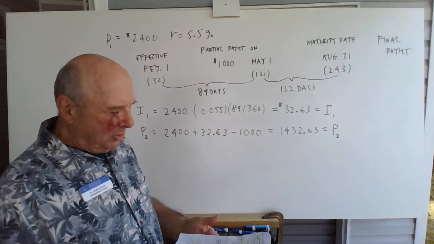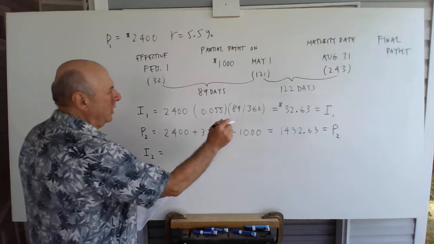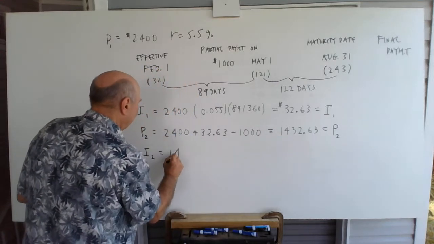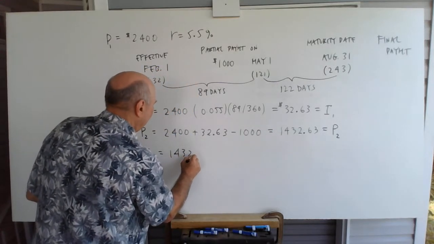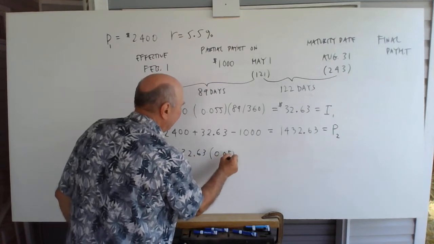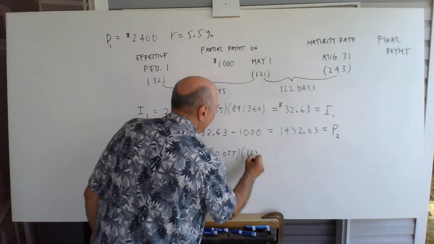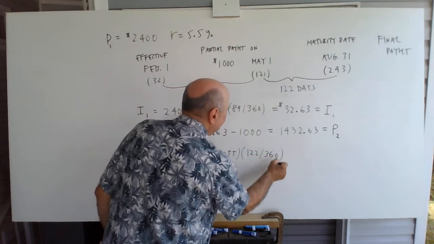To figure out the second interest, I put in P2, multiply by the percent, which is still the same, and then the time, which is 122 divided by 360.